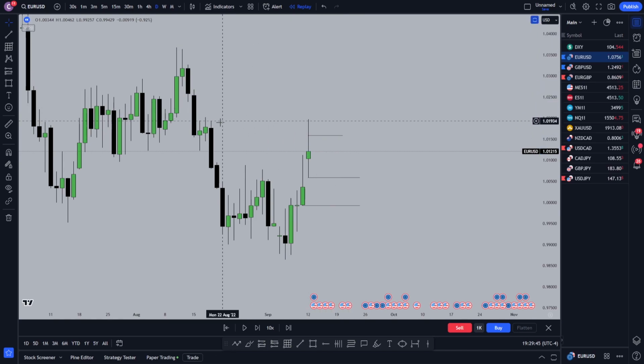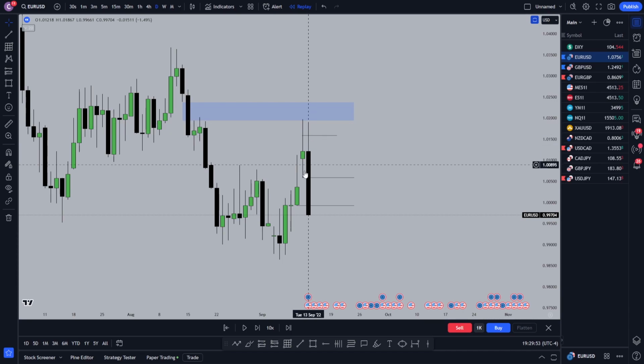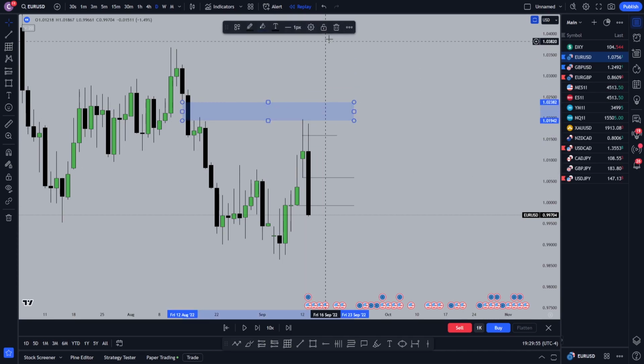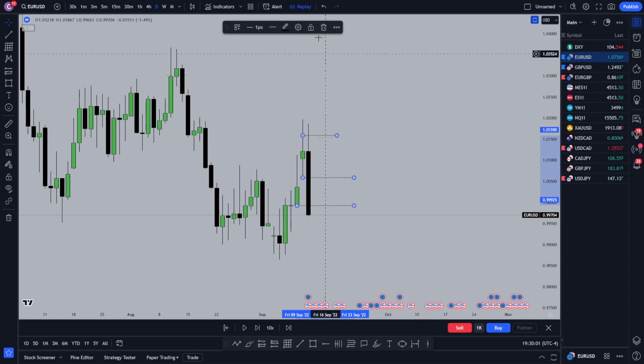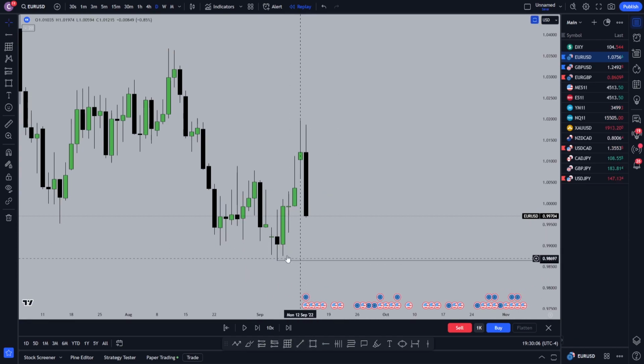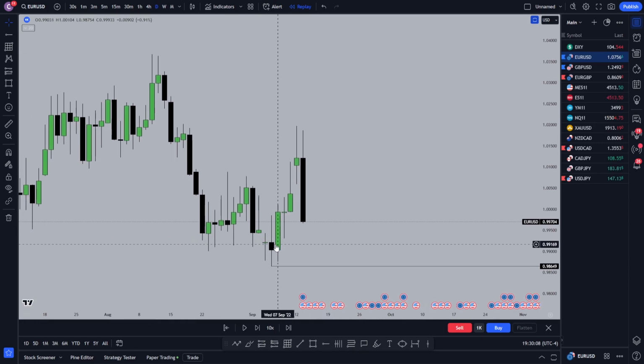Potentially we could see price come back into this fair value gap and then drop. So these are the levels. Price went to the 50%, just above it a bit, and then it went down to these 2 sell side objectives. Overall, these are the sell side objectives. We're bearish on this.